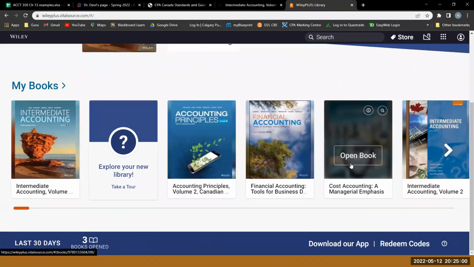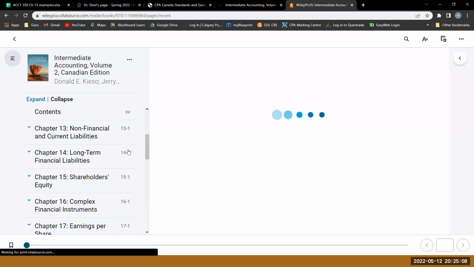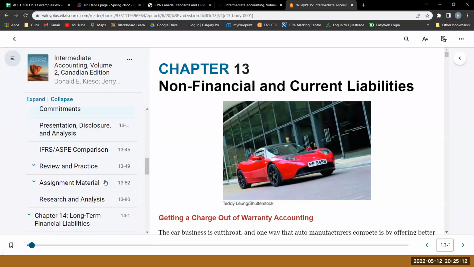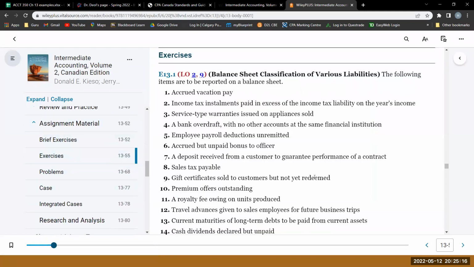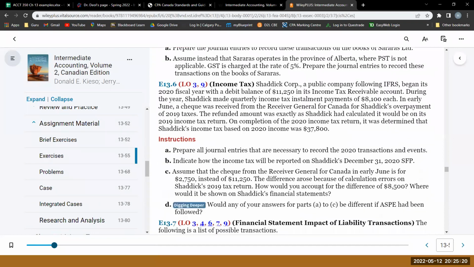Volume 1, don't need volume 1. Assignment material exercises. And this is exercise 13, 15.